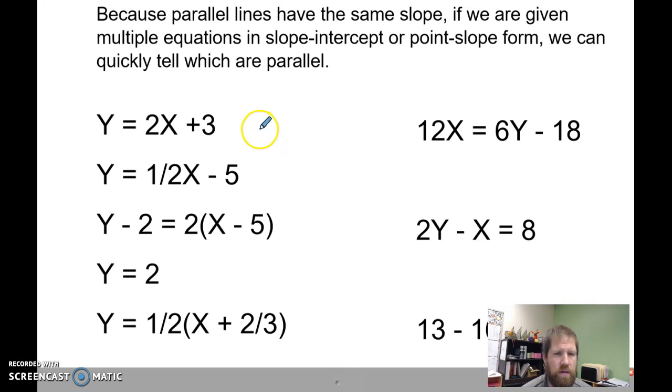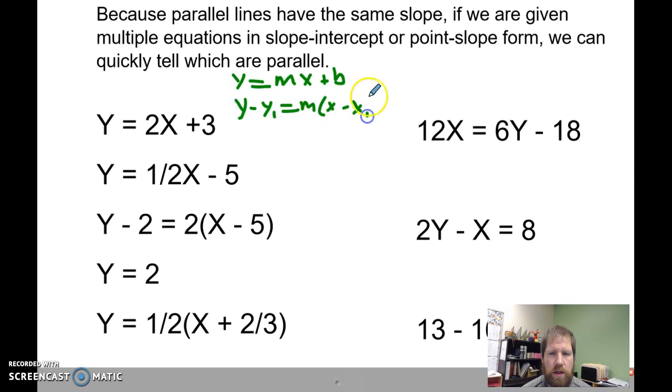So we can go through quickly and identify which lines have the same slope. So we're looking at slope-intercept form, y equals mx plus b, or point-slope form, y minus y1 equals m(x minus x1), and we're going to be looking for the slope in both of these equations.